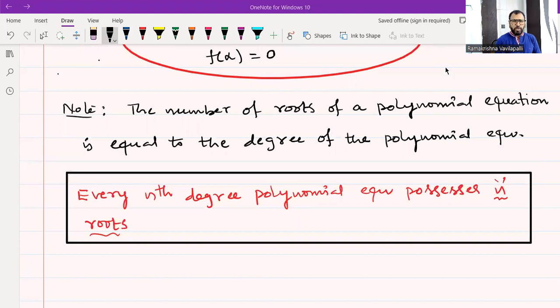Every nth degree polynomial equation, how many roots? N roots. So a quadratic polynomial will have 2 roots. A cubic polynomial will have 3 roots. A biquadratic polynomial will have 4 roots. A fifth degree polynomial equation will have 5 roots, etc.